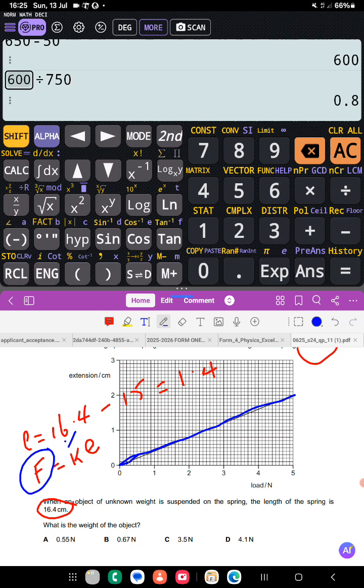If we take this portion of the graph, we need to take the change in the extension divided by the change in the load.